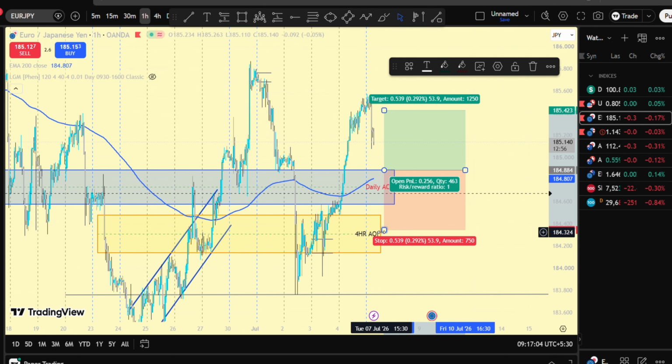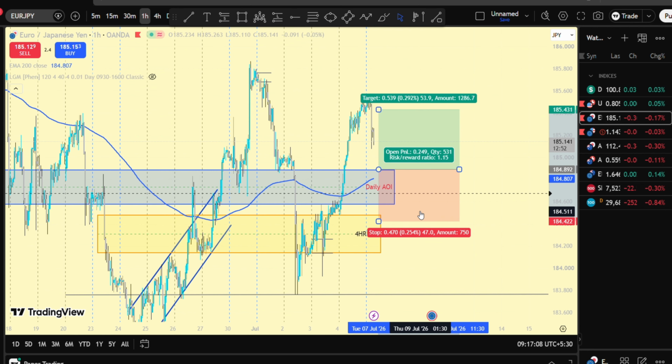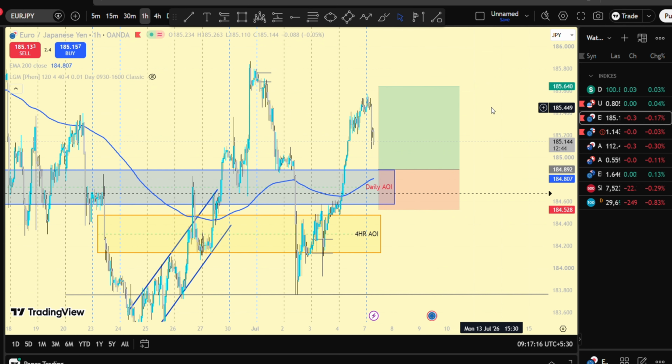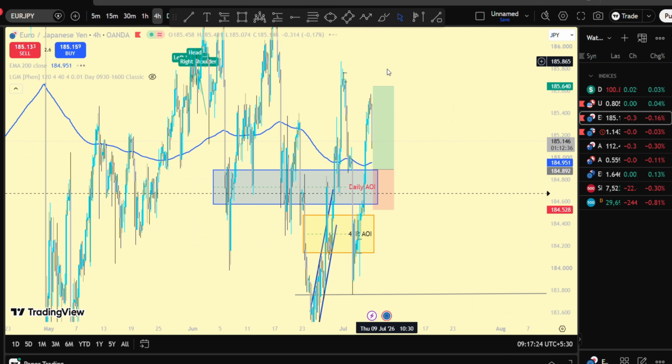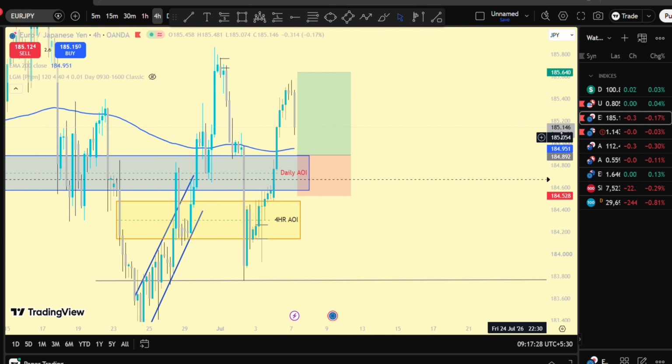So like so, our stop loss is below the daily area of interest and our entry is right here, and we can aim for a solid quantity. And if price does not show clear reversal patterns on the 4 hour chart, I won't take this trade.